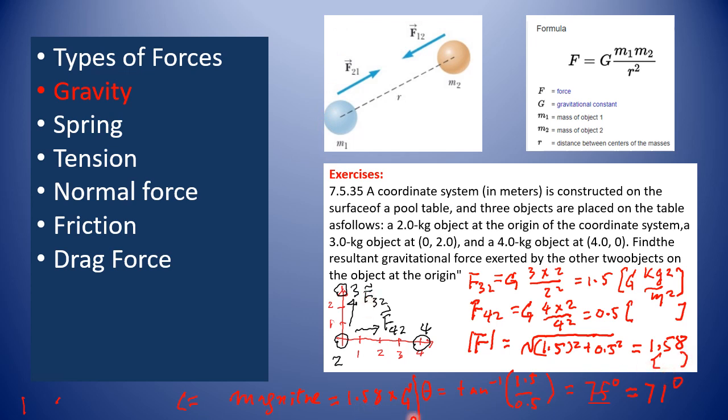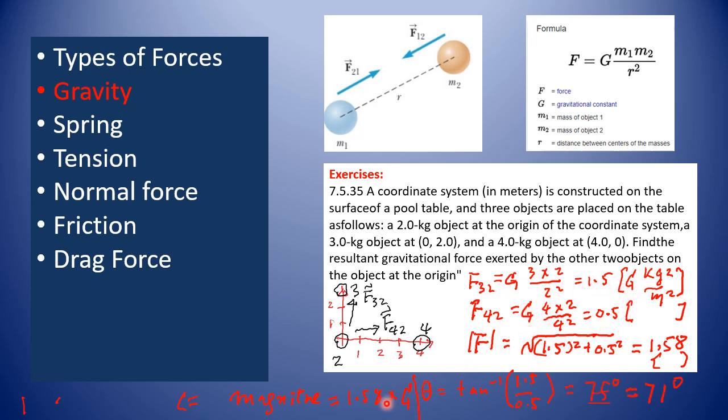Now we take care of the G, which is a very small number. 1.58 times G, which is 6.67 times 10 to the negative 11, ends up as 1.05 times 10 to the negative 10 newtons. It's a very small number. This problem also shows you a math trick: you don't have to carry this small number around until the last moment, just expand it.